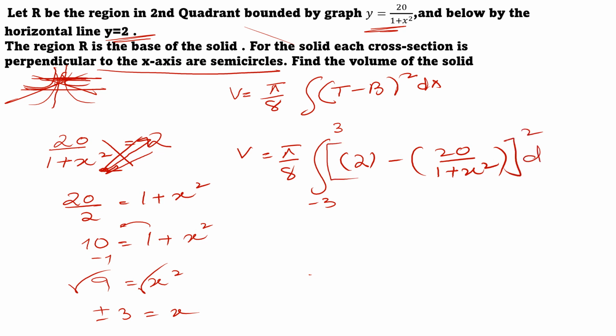If I get a positive answer, then I will keep this setting as it is. If I get a negative answer, I will interchange the places of these two functions to ensure that my answer is absolutely correct. But do not forget to put this pi over 8.